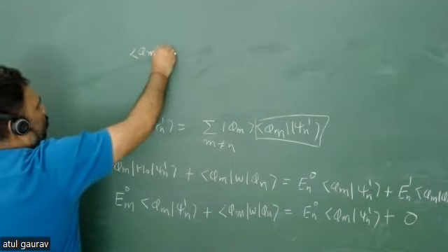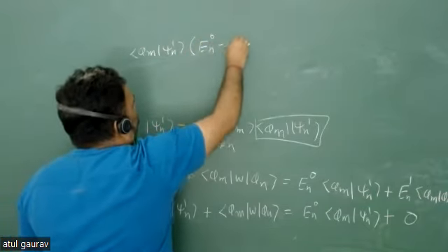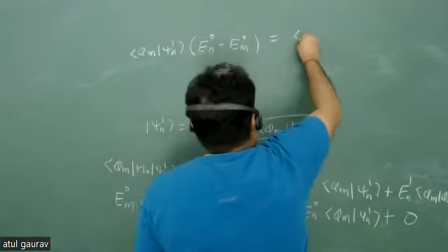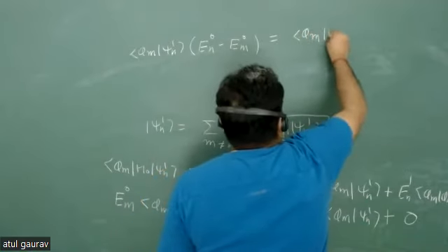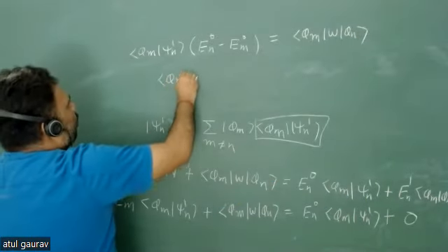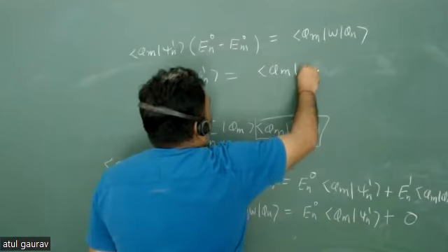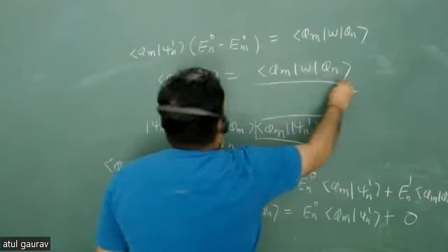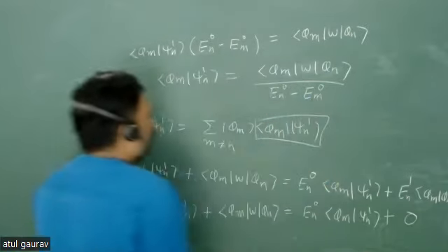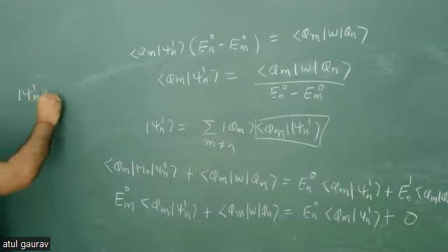Phi m psi n1, and I can take En0 minus Em0 to this side, and this value is equal to phi m W phi n, so phi m psi n1 is equal to phi m W phi n by En0 minus Em0.